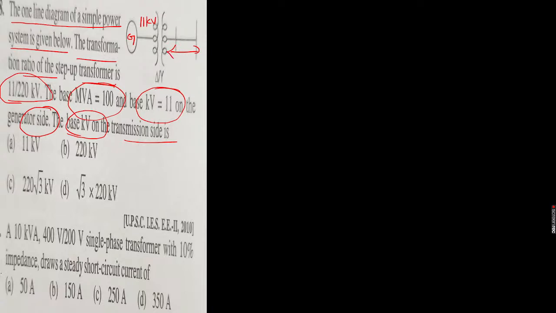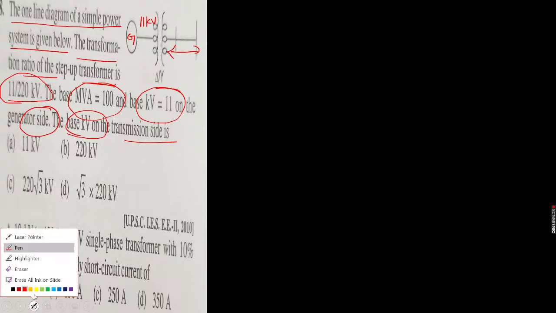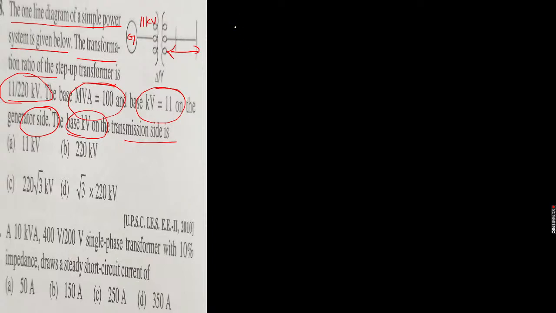That is very simple. If you want to know the base voltage on the secondary side or transmission line, what you need to do? Very simple. Base voltage on primary side, first step. The formula is base voltage on primary side into transformation ratio, that is secondary voltage divided by primary voltage.